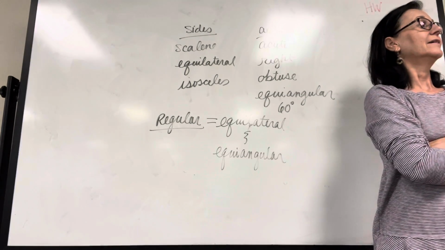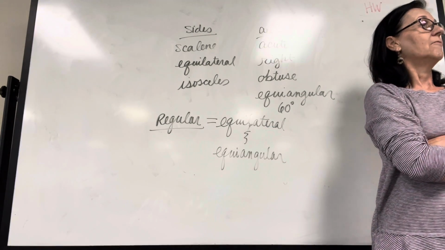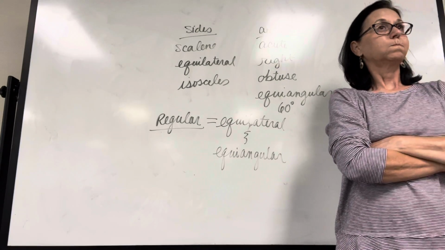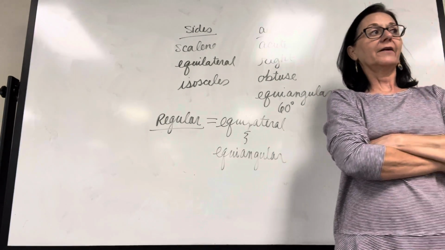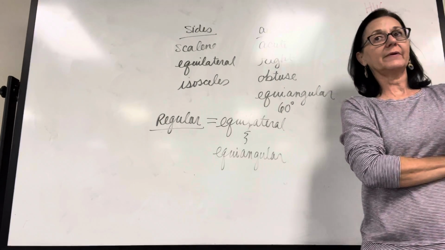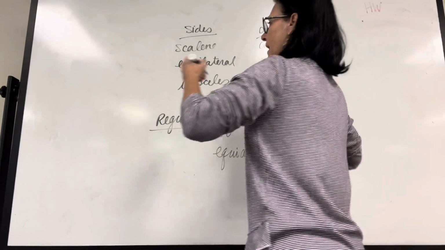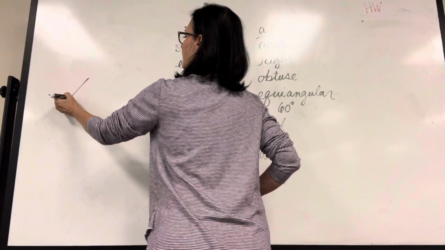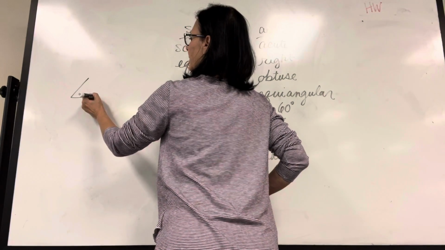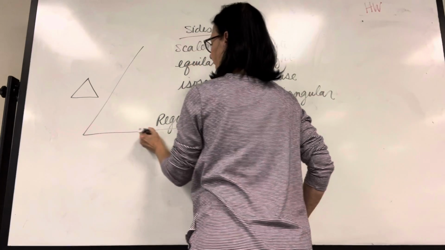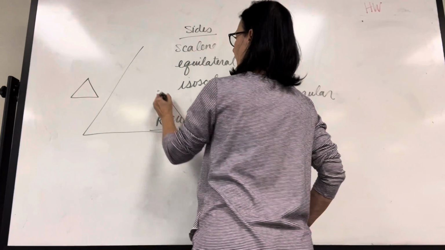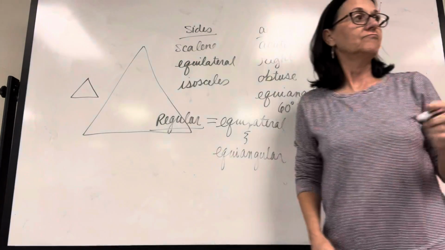What else can you know? Yes, Jack? They have the same area. Oh wait, never mind. There is something about their area, but it would not be the same, because I could have an equilateral triangle that's this size, and maybe that size, right?